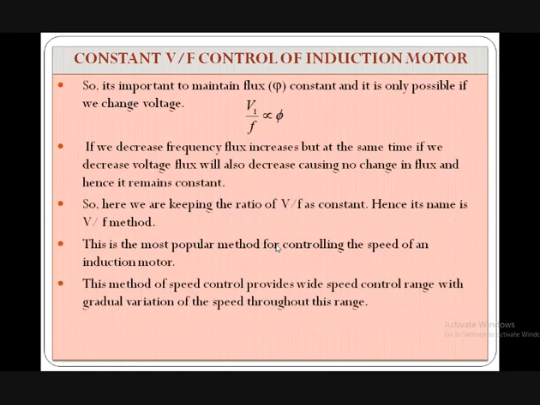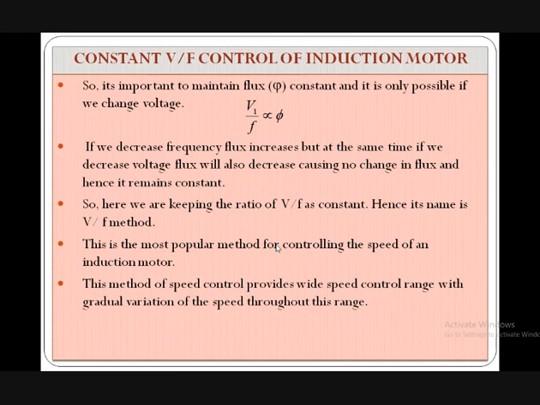So, in order to implement the frequency control method, the flux in the core must be maintained constant. And this is only possible if voltage is changed in the same proportion as the frequency, such that the flux density and the flux are constant. This particular method of speed control of induction motor is called constant V by F control or variable voltage variable frequency control.